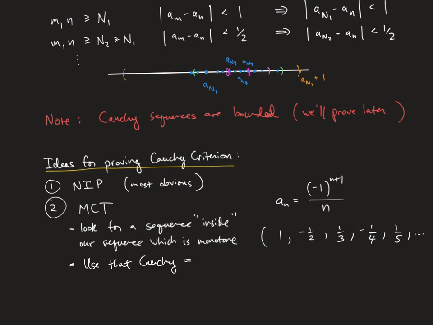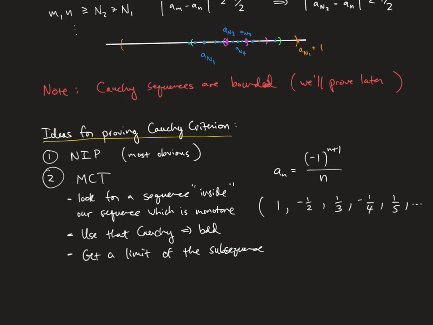So use that Cauchy implies bounded. And what you get is a limit for this subsequence, for this sequence that's inside this sequence. So you get a limit of the subsequence, and then you need to show that this limit is not only a limit for the subsequence, but it's a limit for the original sequence, which we observed in this example.